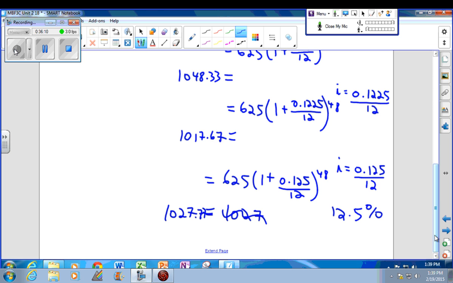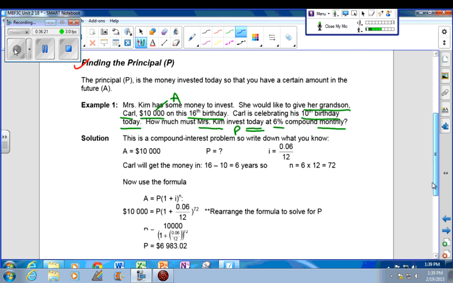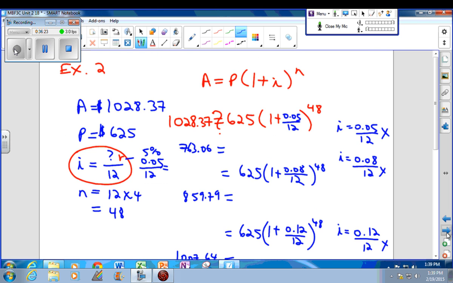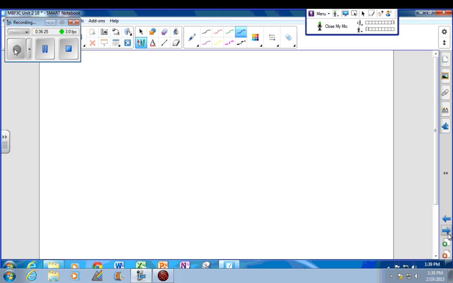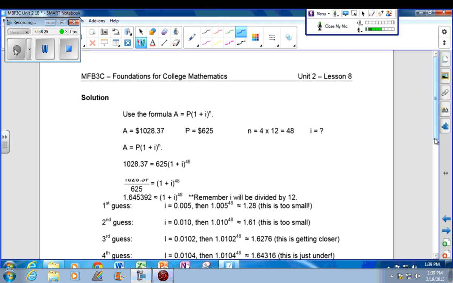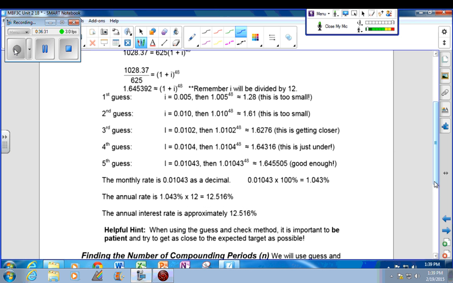Now it says here on page 17, helpful hint, when using the guess and check method, let me just back up a little bit and show you what we're talking about. There we go. So they did it, and it was too small. They did a couple of ways to guess this too.